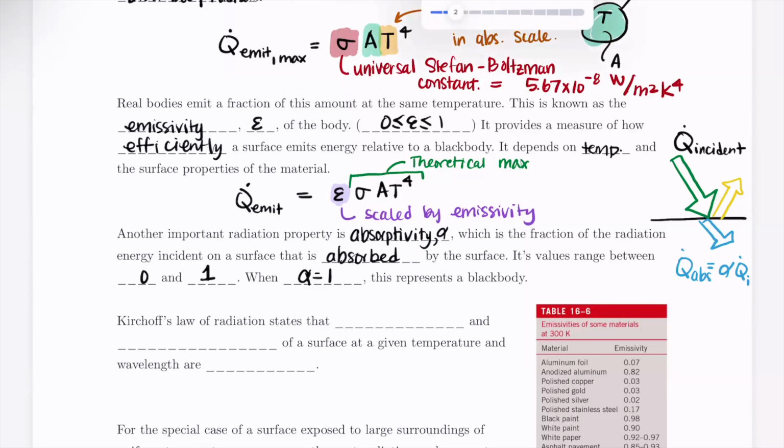And then this one is the reflected, and it is equal to 1 minus alpha times Q incident.